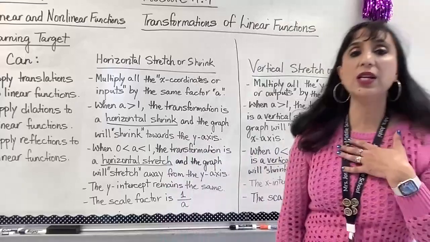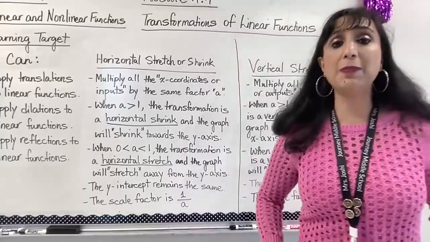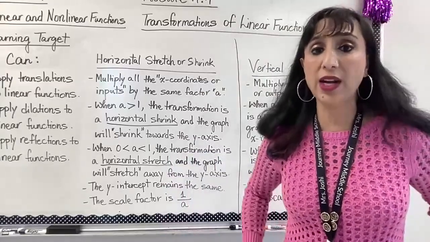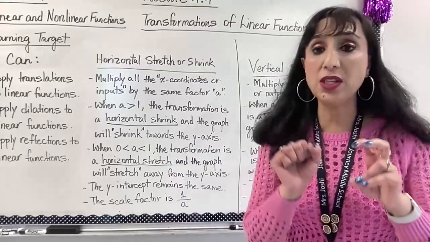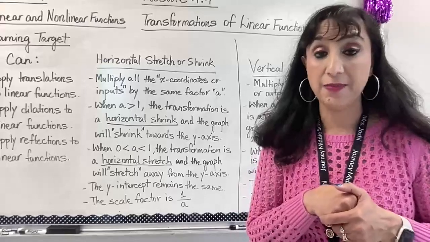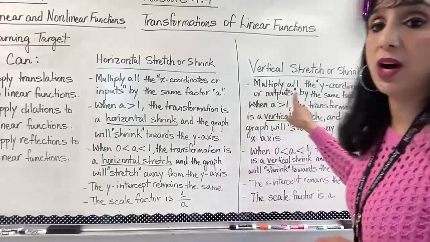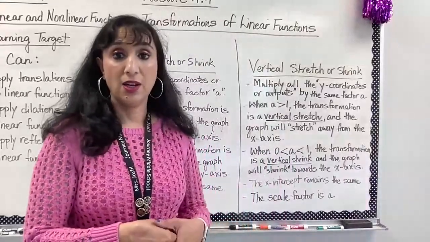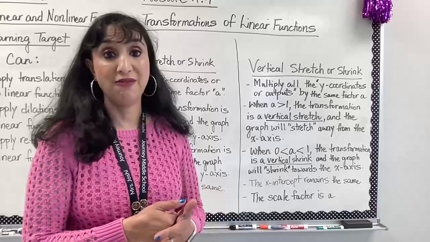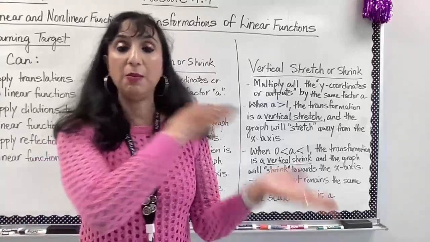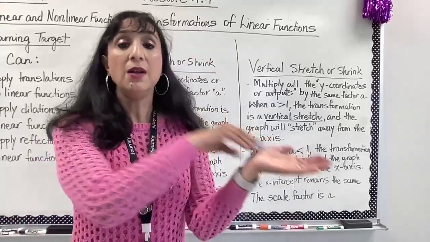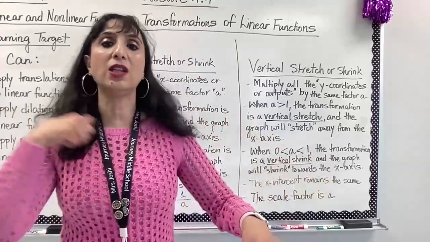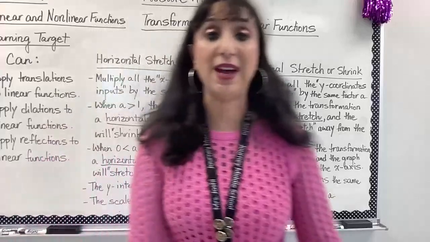In a horizontal one, multiply all the x coordinates or inputs by the same factor a. Whereas in a vertical one, we are multiplying all the y coordinates or outputs by the same factor a. So in one, we are multiplying all the input, which is the horizontal, and in the vertical, we are multiplying all the output by the same factor a.